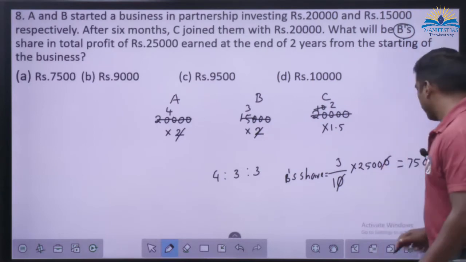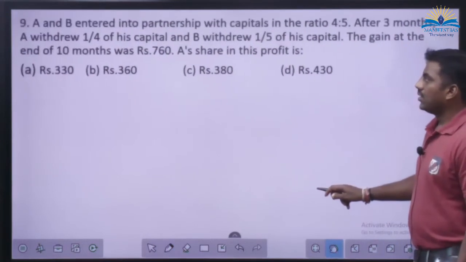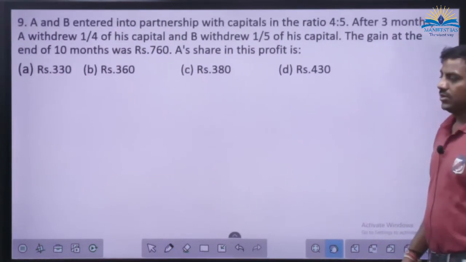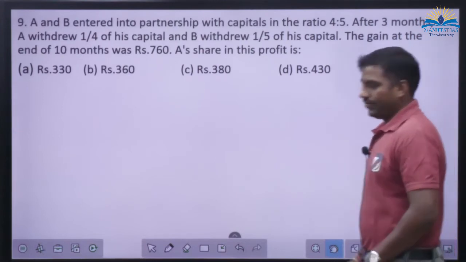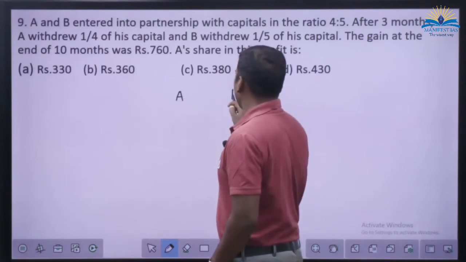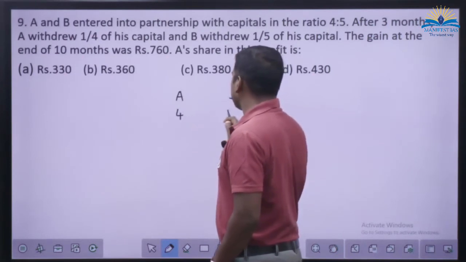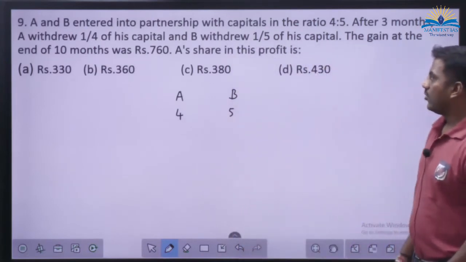Next. A and B entered into partnership with capitals in the ratio 4:5. A here, B here, 4:5. Let's say 4 rupees and 5 rupees.